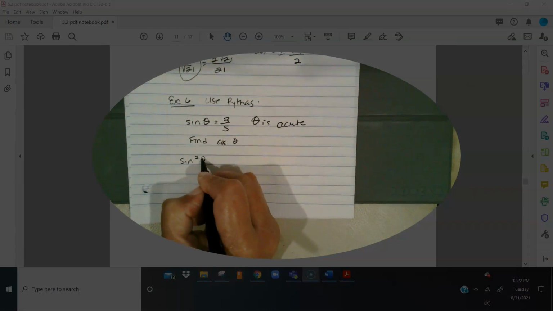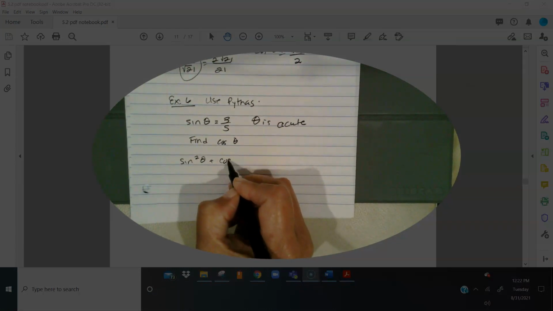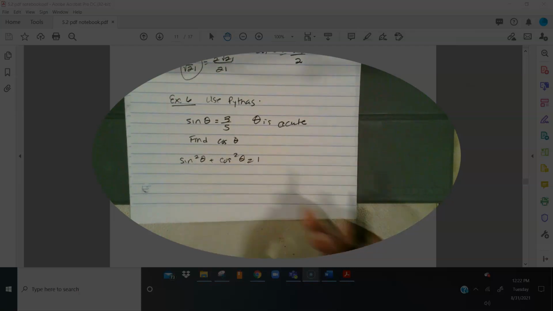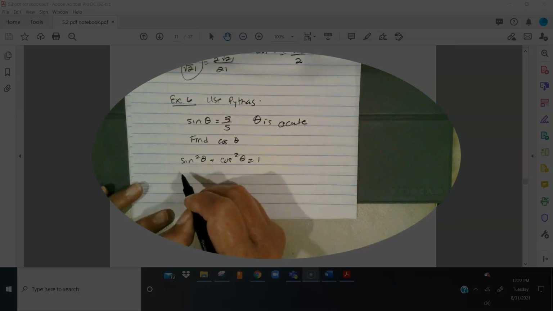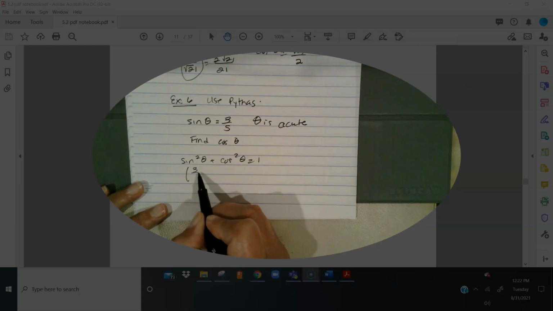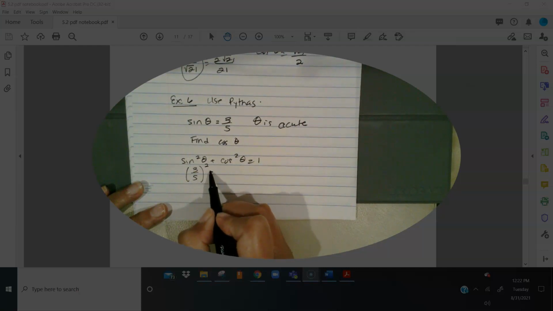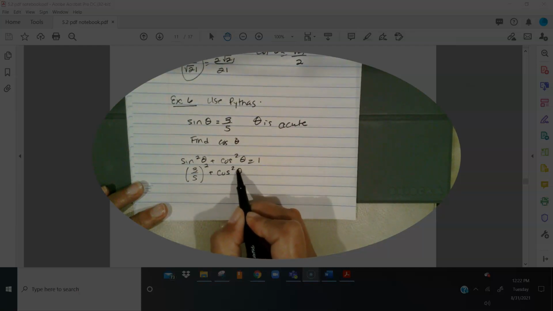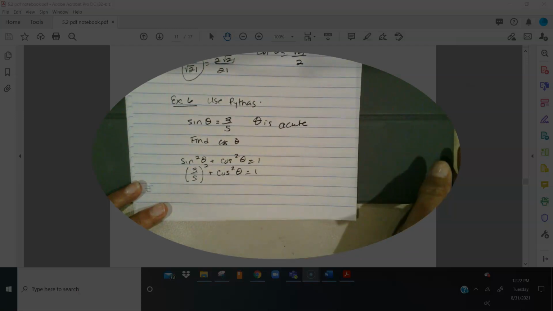Sine squared of theta plus cosine squared of theta equals 1. They give me sine. I can substitute what I know and solve for what I do not know. So (3/5) squared, plus cosine squared theta equals 1.